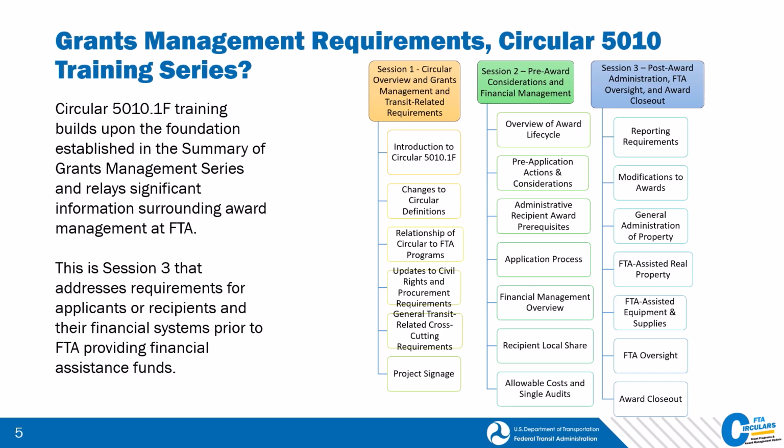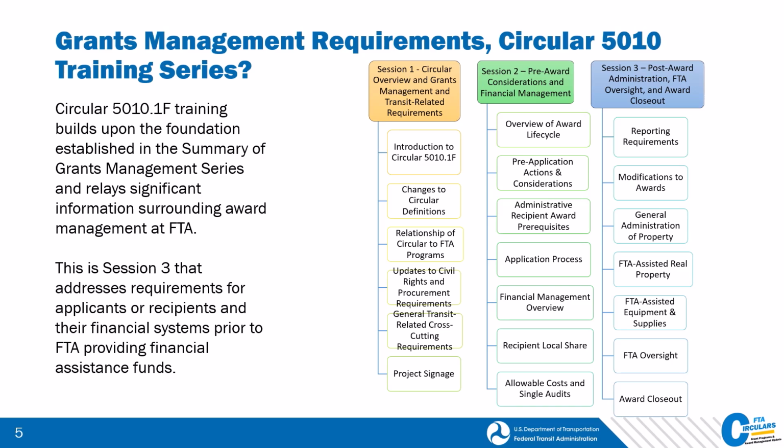The Circular 5010 Award Management Requirements Training builds upon the foundation we established in the previous Summary of Grants Management series and prepares us for the next set of presentations that will roll out for the program circulars. The 5010 series was developed to highlight many of the structural and substantive changes made to the Award Management Requirements Circular to help users navigate and better understand the circular as an administrative guidance tool.